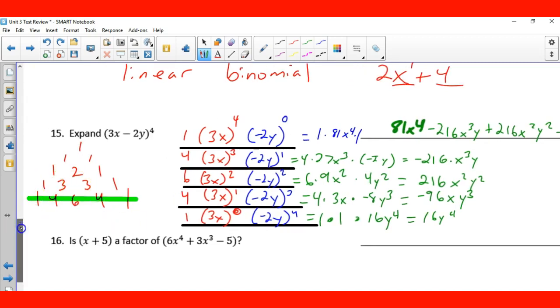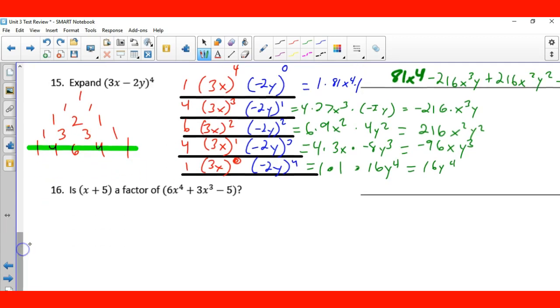And number 16. Is this a factor of this polynomial right here? Guys, there's a simple way to check this. We're going to take this and make that a negative 5, because if you set it equal to 0, you get negative 5. Now remember, if this is a factor, you should get 0 as your remainder.